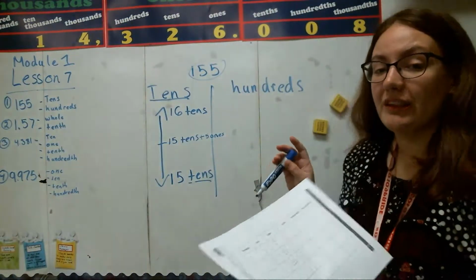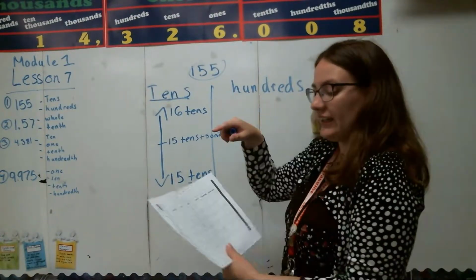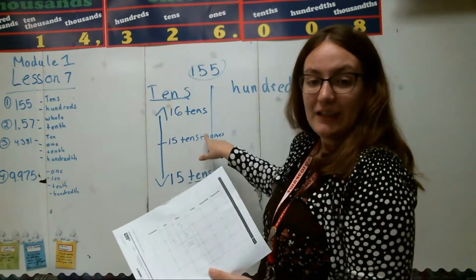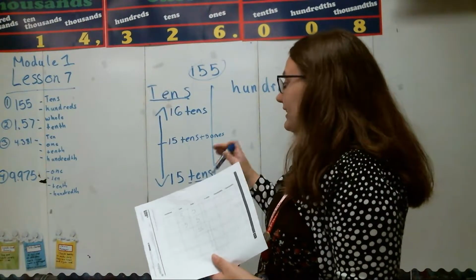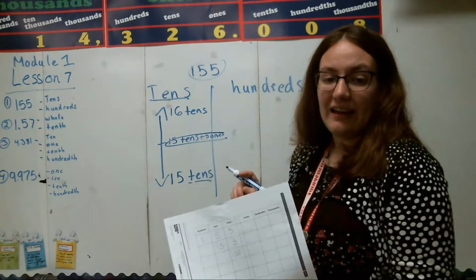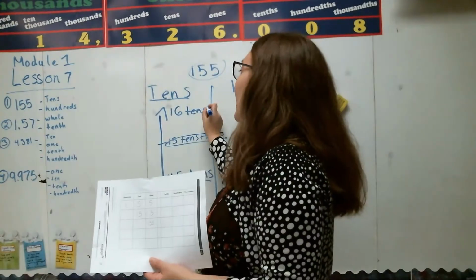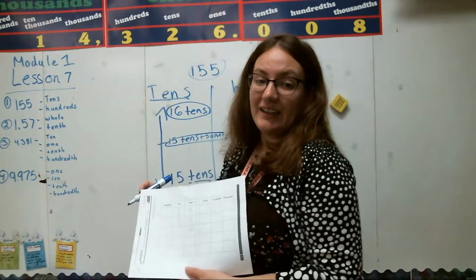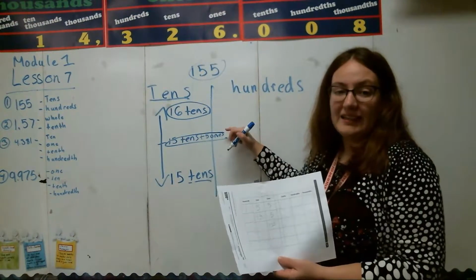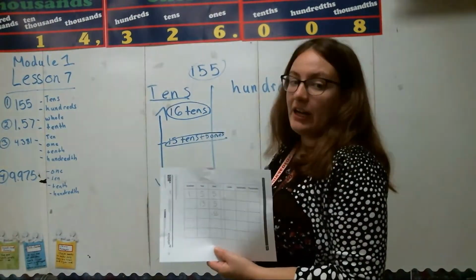So we get into a little bit of a tricky situation, because my number, 15 tens and 5 ones, actually falls on the midpoint. So I'm just going to circle my midpoint, because that tells me that if my number falls on the midpoint, it's going to round up to 16 tens. When I plot my number on my number line, if it's ever at the midpoint or above it, I'll round up to 16 tens.